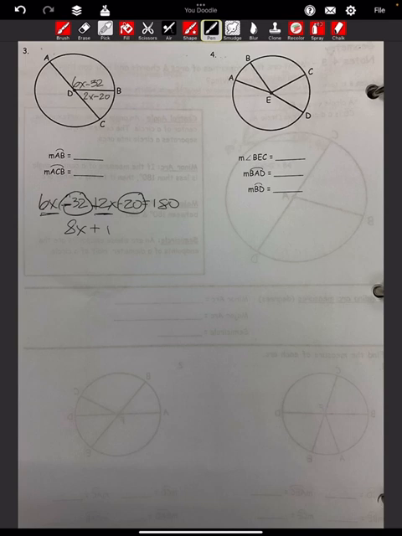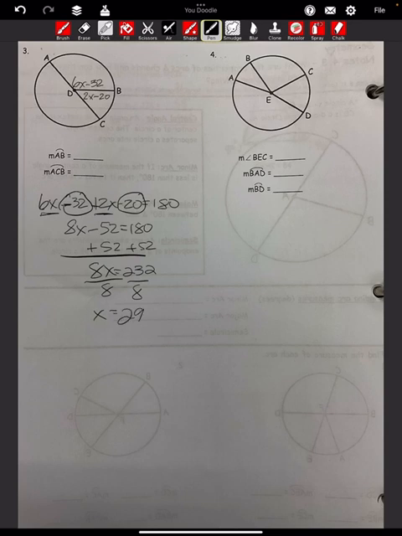So that's minus 32 and minus 20, which is minus 52, equals 180. We're going to add 52 to both sides and get 8x equals 232. We'll divide by 8 and get x equals 29.